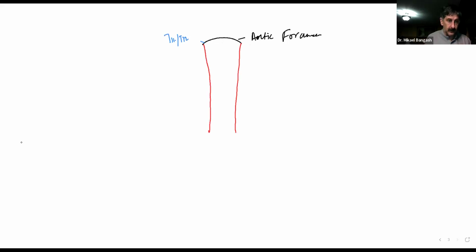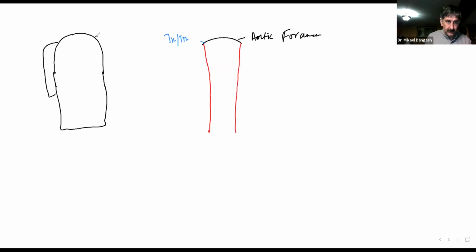Now, ladies and gentlemen, if you look at the person's body, the thorax and abdomen, right? You can see we have the diaphragm.